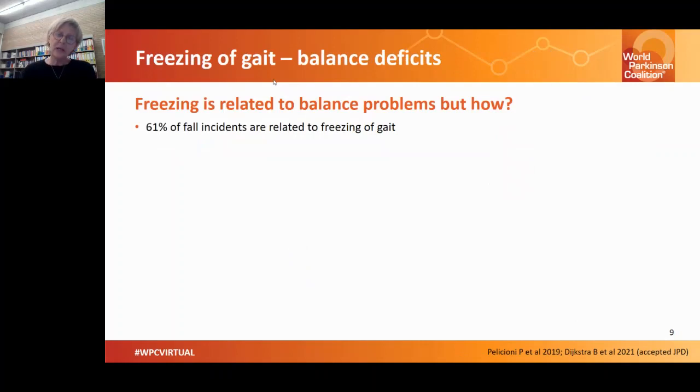Finally, I would like to talk a little bit about the relationship between freezing and balance problems, and particularly how that relationship may come about, because we know that 61% of fall incidents are related to freezing of gait.